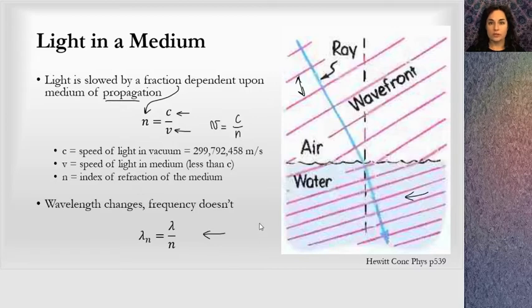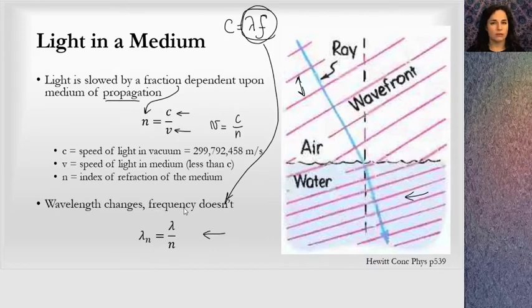One thing to notice about light in a medium is that the speed changes, and we know that the speed, c, is related to the wavelength times the frequency, right? So if c changed, that means one of these values must have changed. And so that's why I made note down here that the wavelength changes, but not the frequency.